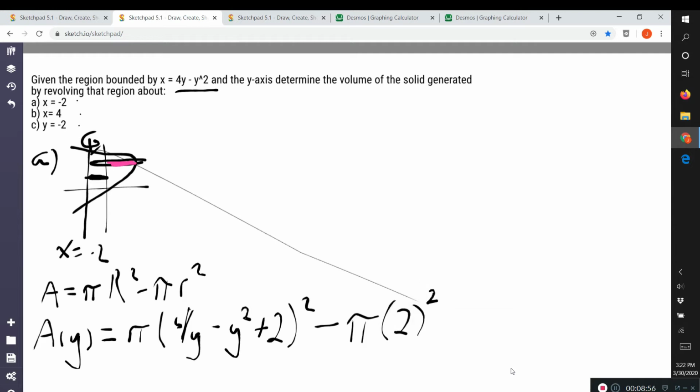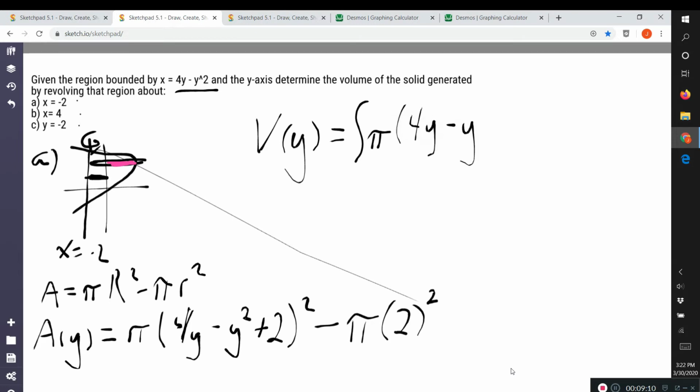So applying the logic here that we've used in the past, the volume of the solid generated by this is the integral of pi big radius squared minus pi little radius squared. Let's bracket that off. And with respect to y.